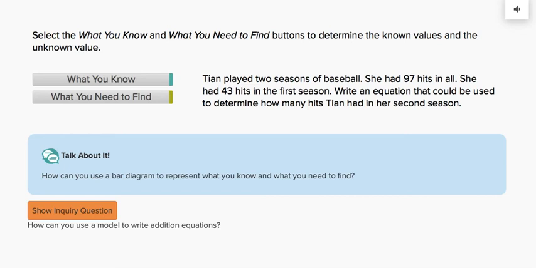Now what do you know? We know that she had 97 hits in all and 43 hits in the first season. What do we need to find? How many hits Thien had in her second season?